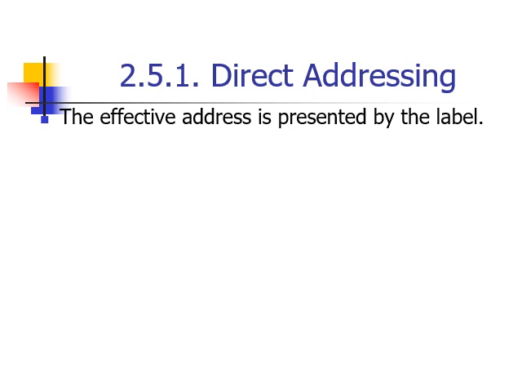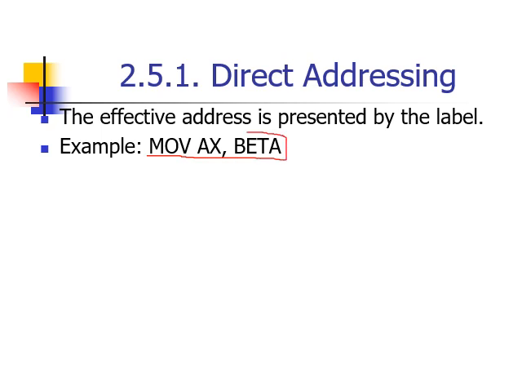So, direct address by label: you refer to the memory location by the label BETA. Your processor will go to this memory location labeled by BETA and try to get data to place into AX.